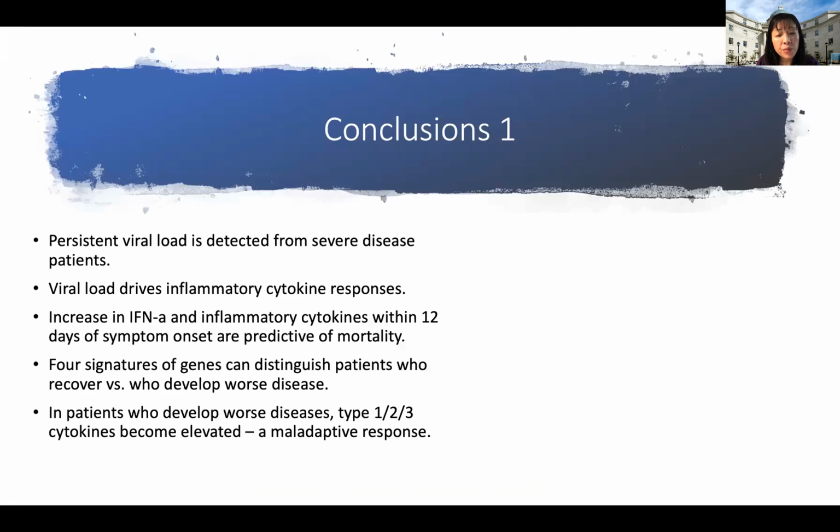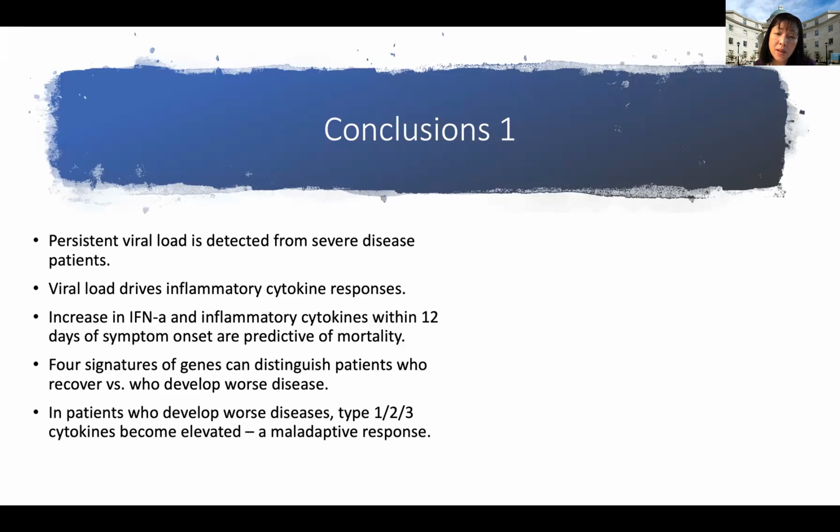And so to conclude these results, what we found was that the viral persistence in the severe patients distinguish those from the moderate patients that ultimately clear the virus. And it's the viral load that's driving cytokine responses.